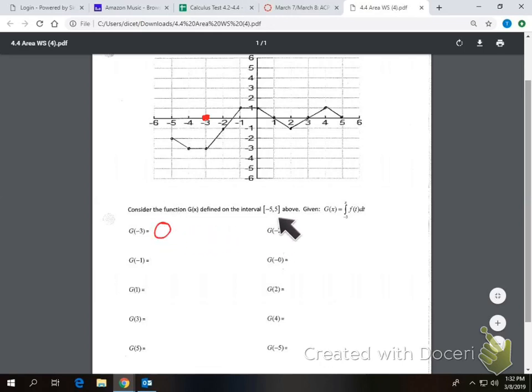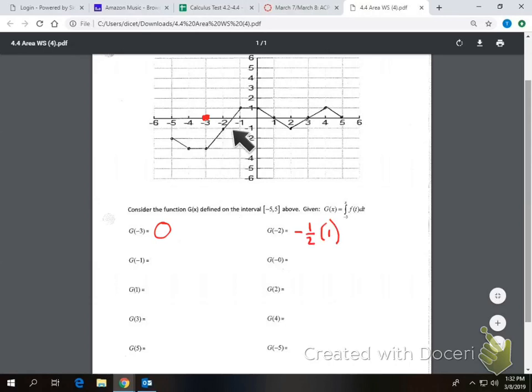At g of -2, it's the area of this trapezoid, right? So we know that's a negative value. Would everybody agree with that? It's a negative value. And let's see, the area of that trapezoid, you guys are going to have to help me out here. The height is 1, so it's -1/2 times the height.